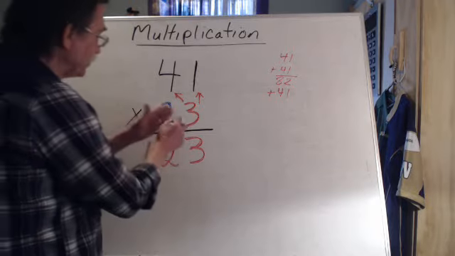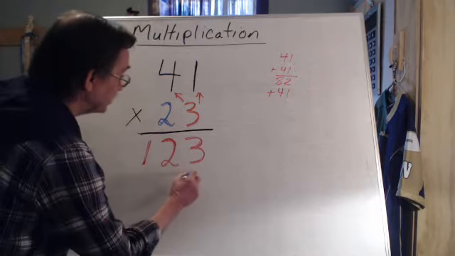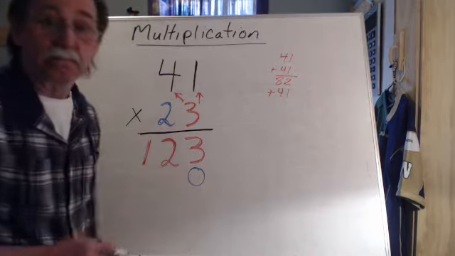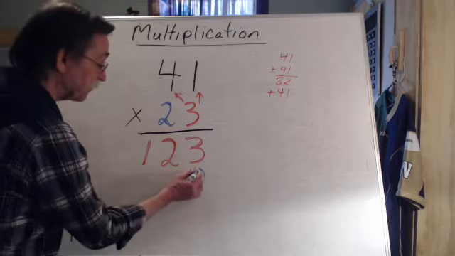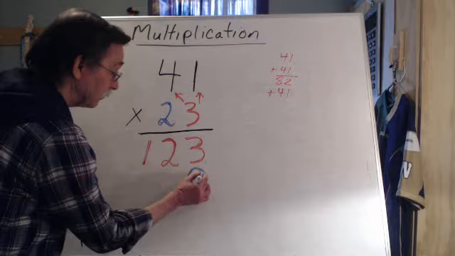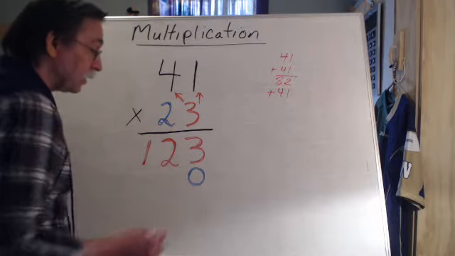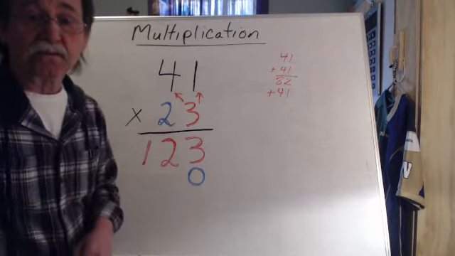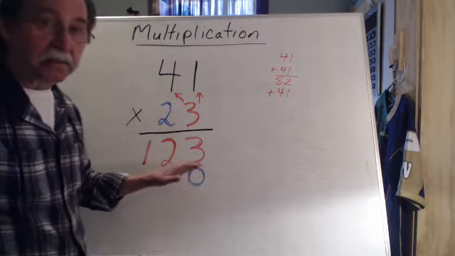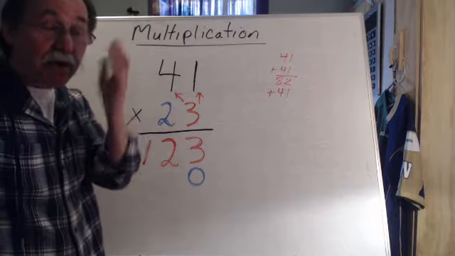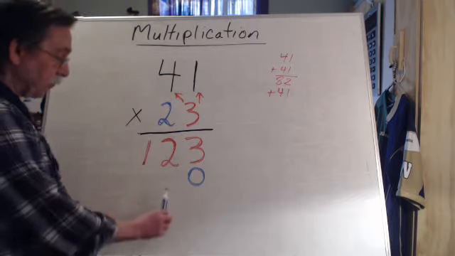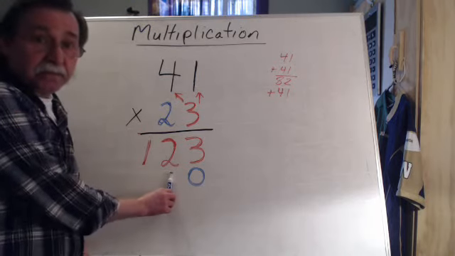So what I always do is I always start off with putting a 0 on the second row. Always. This 0 is a placeholder. Some people put an X there. Some people leave a space. Whatever you do, you have to put your first calculated number right here where my pen is.